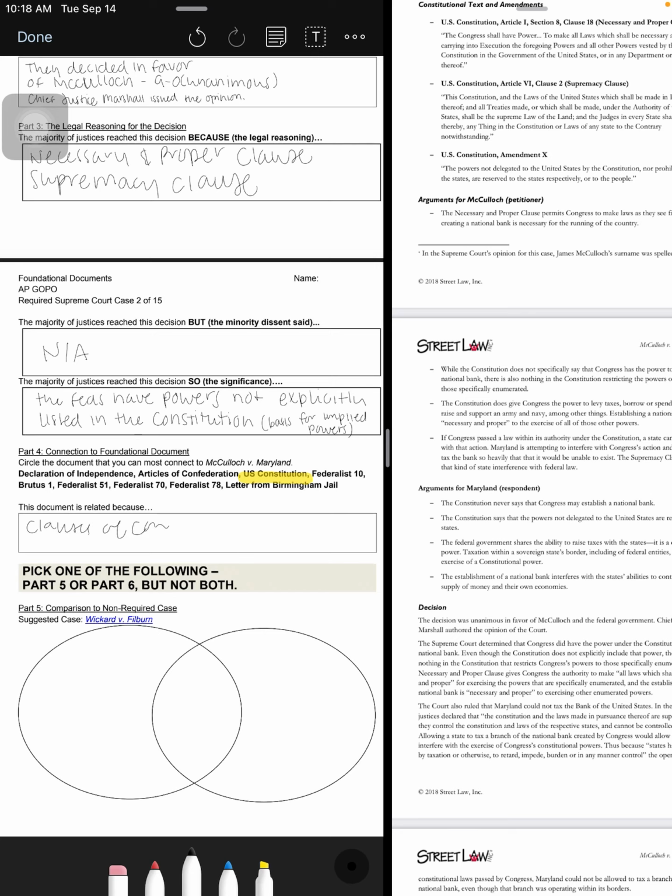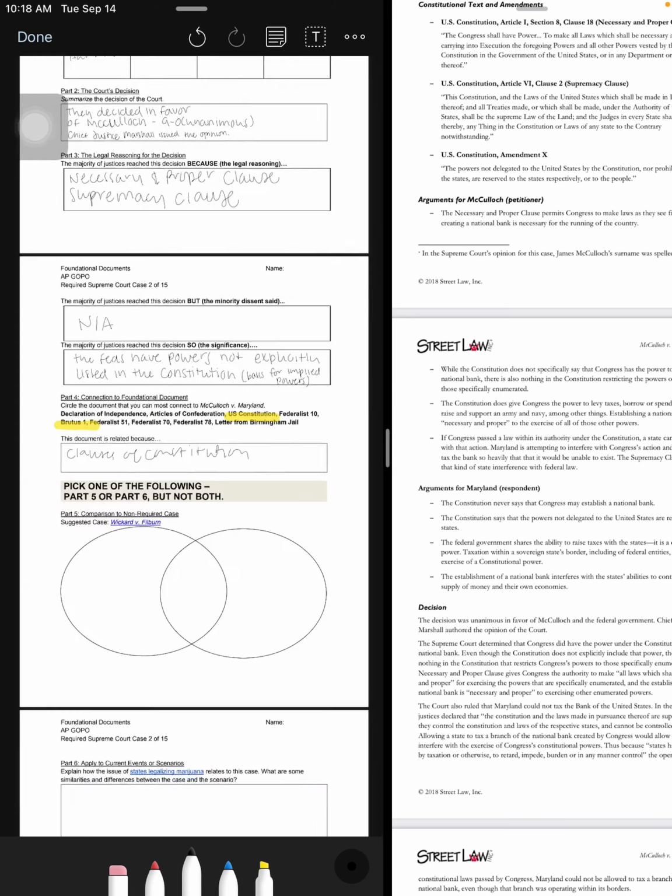Give me a full sentence on this. The other thing I could maybe argue is this is related to Brutus 1, right? Because the anti-federalists were concerned of the federal government getting too powerful, and this would be a case that would definitely concern them, right? So you can pick whichever one you want and just include your explanation.